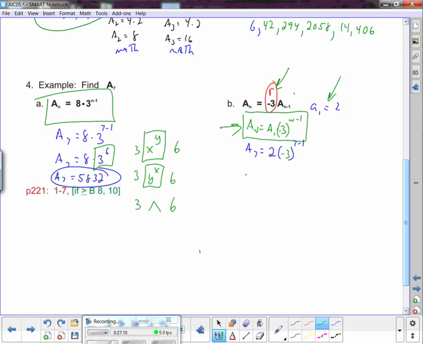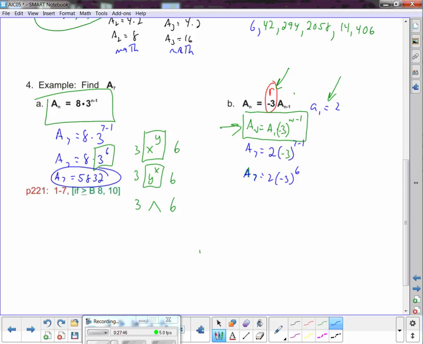Finish this off. Oops, that should be blue. You've got to do the exponent first. What's a negative 3 to the 6th power? No. What's a negative 3 to the 6th power? Here, this is a negative 3 to the 6th power. Is it positive or negative? It's positive. So again, my advice is parentheses, negative 3, close parentheses, hit that button, whichever one you have, and then 6th power.